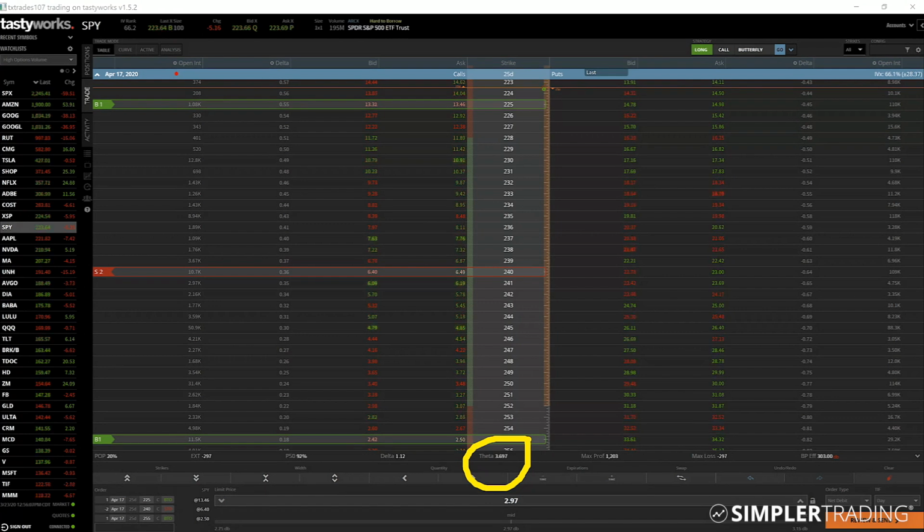If you're less directional and you think it can move upward, but maybe slowly, kind of choppy, then doing the butterfly gives you less directional exposure, a lot more theta, so you'll get a lot more coverage from the passage of time, and you'll get bigger vega. So very similar strategies there.